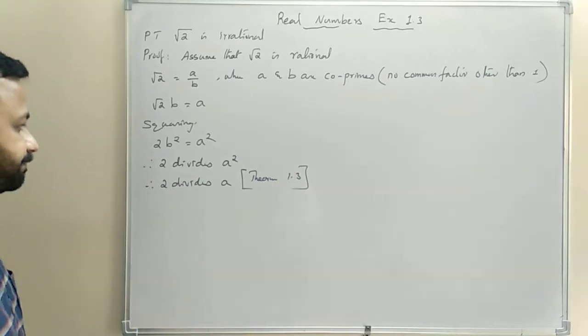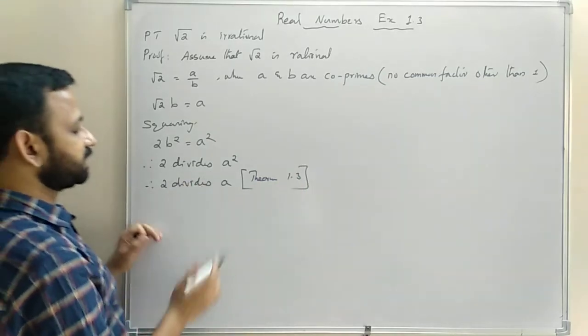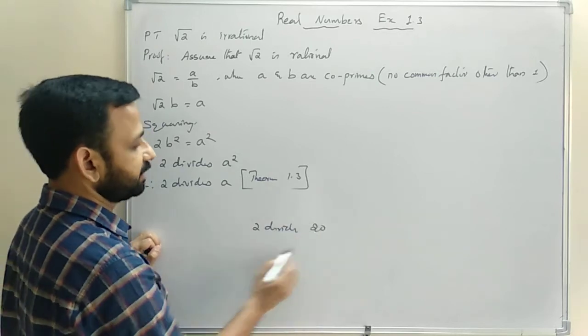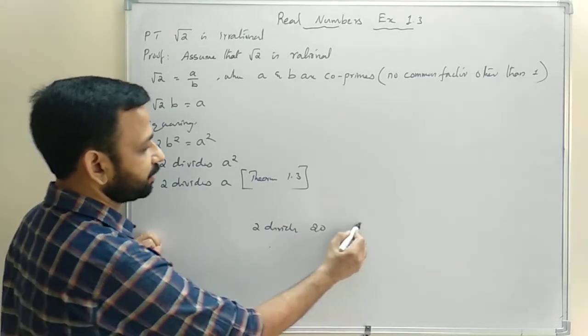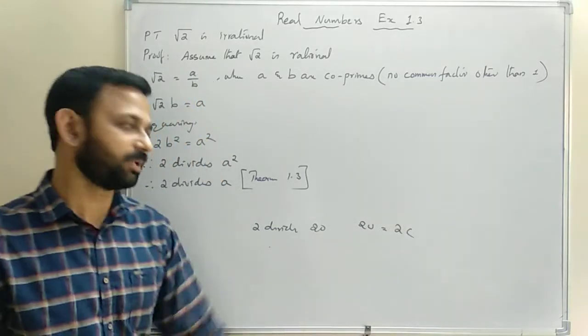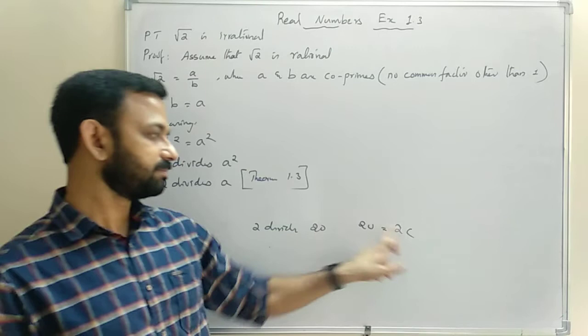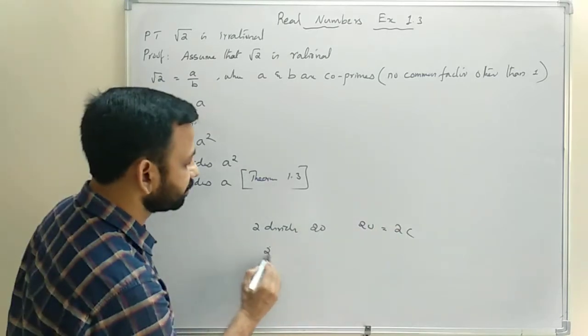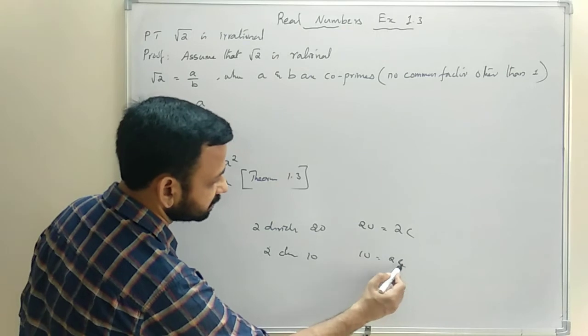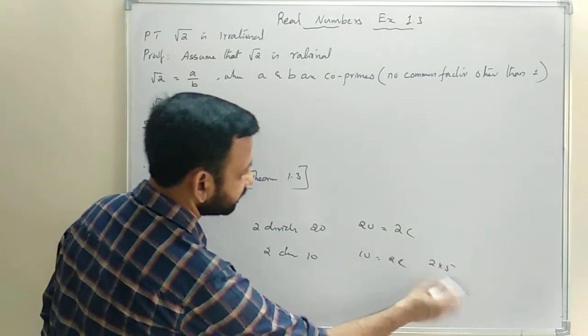2 divides a. If 2 divides 20, then we can say 20 is equal to 2 into a number, because 20 is equal to 2 into 10. Similarly, if 2 divides 10, we can write 10 is equal to 2 into 5.